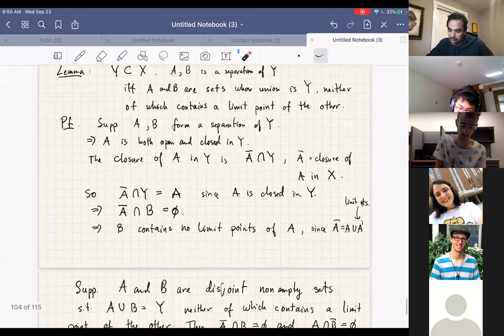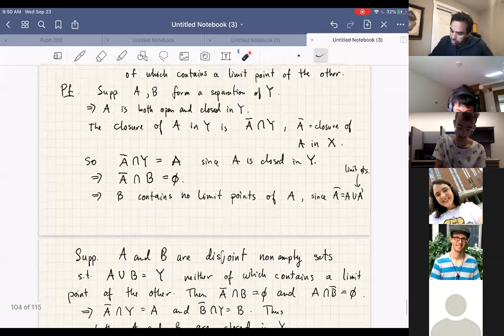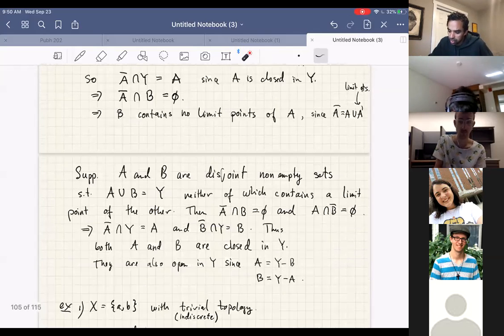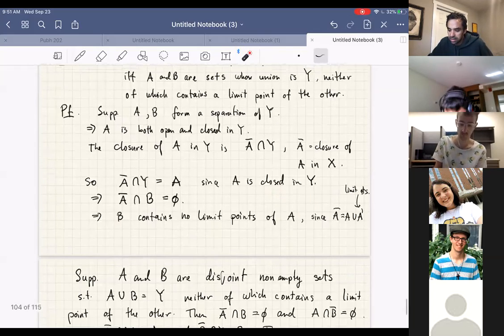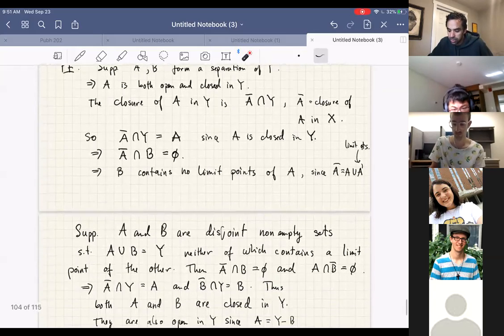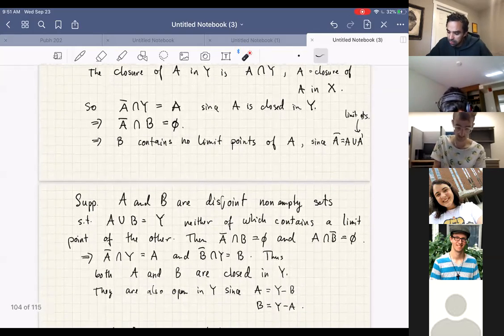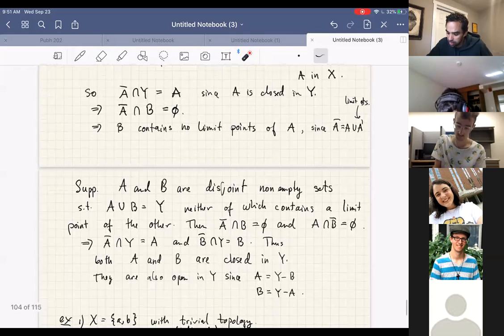And now let's go the other way, which is the more interesting direction. So suppose A and B are disjoint non-empty sets in Y whose union is Y, and assume that neither of them contains a limit point of the other.